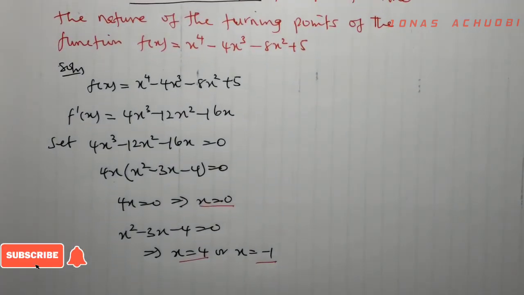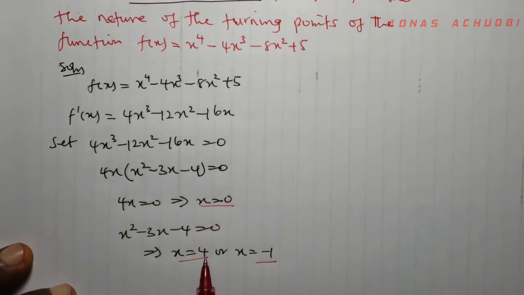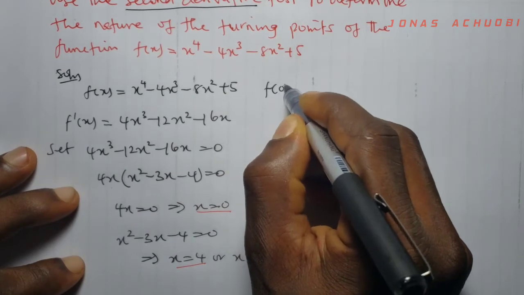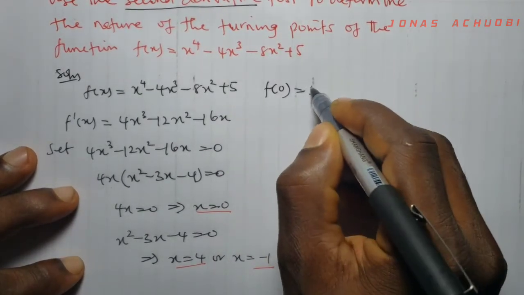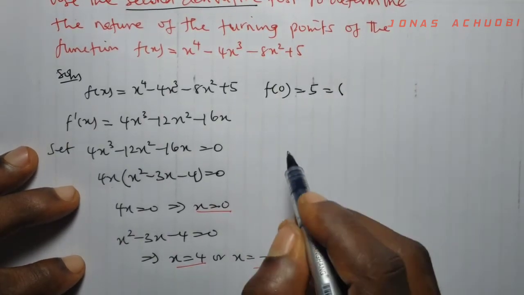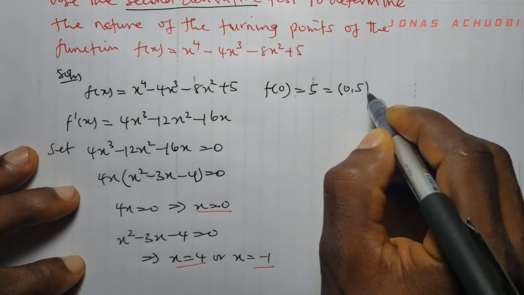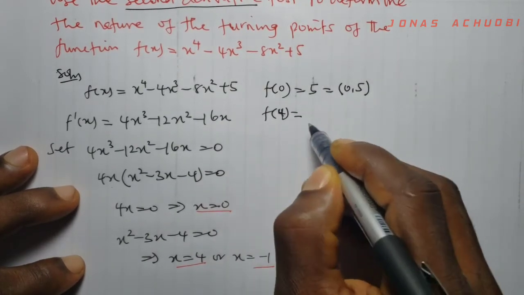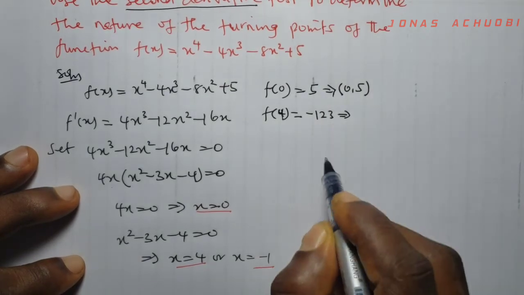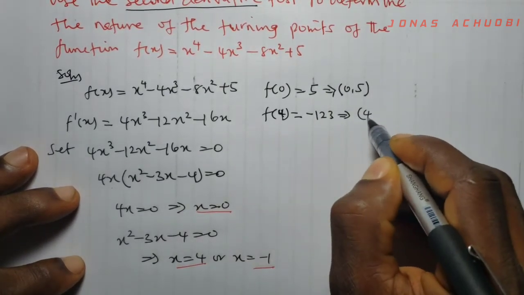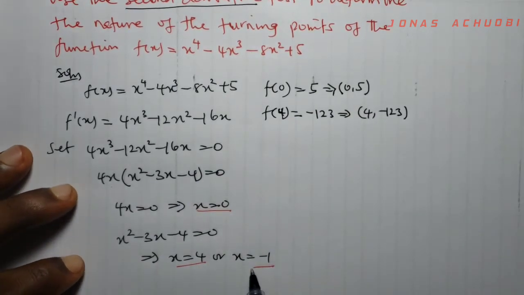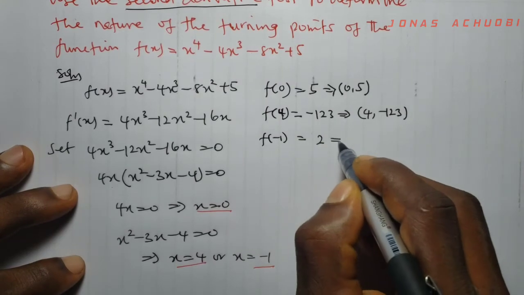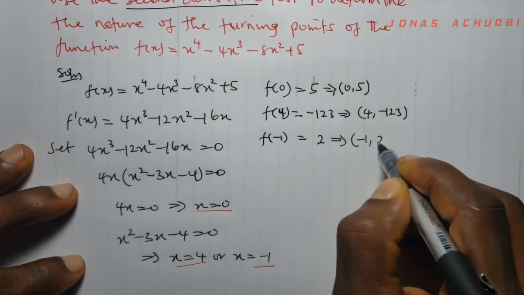So, what are these critical points? We get them by substituting x equal to 0, x equal to 4, and x equal to -1 into the function f of x. So f of 0, the first critical value, will give us 5. So the critical point at the critical value x equal to 0 is (0, 5). f of 4 gives us -123, so the critical point at x equal to 4 is (4, -123). Lastly, f of -1 is equal to 2, implying that the critical point there is (-1, 2).